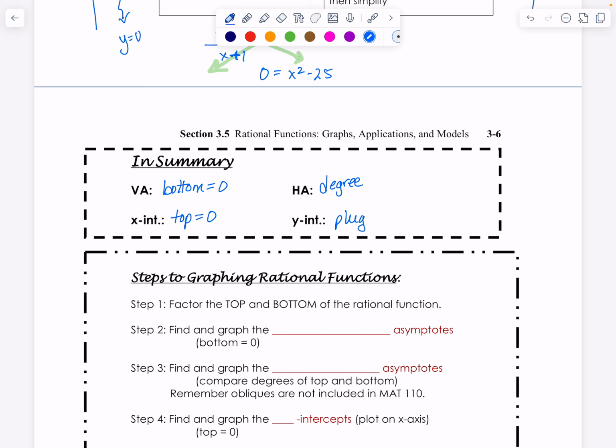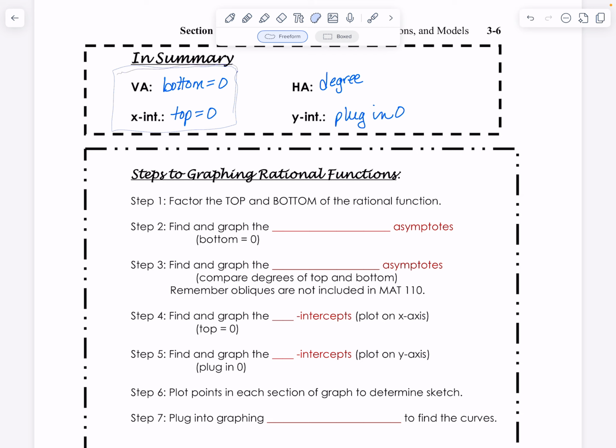So here are my steps. Notice that in the summary, we set the top equal to 0 or the bottom equal to 0 and solve it. So I go ahead and factor the top and the bottom. That's usually my first step because if you have a squared there, that's what you're going to have to do anyway. So I factor it if I can.